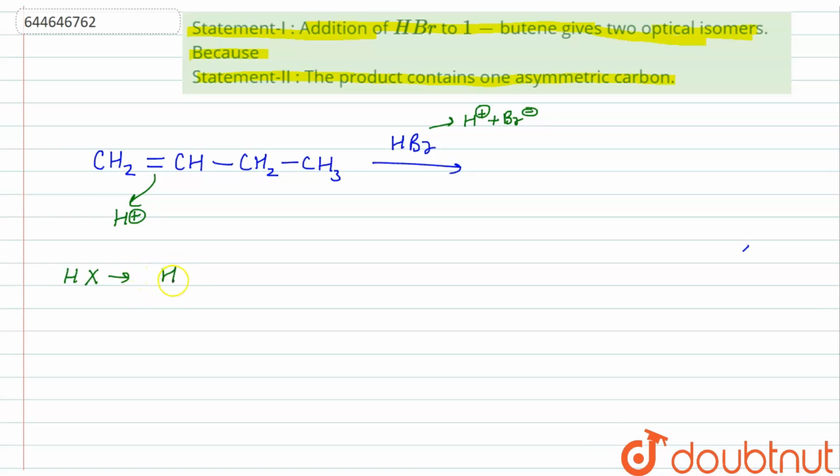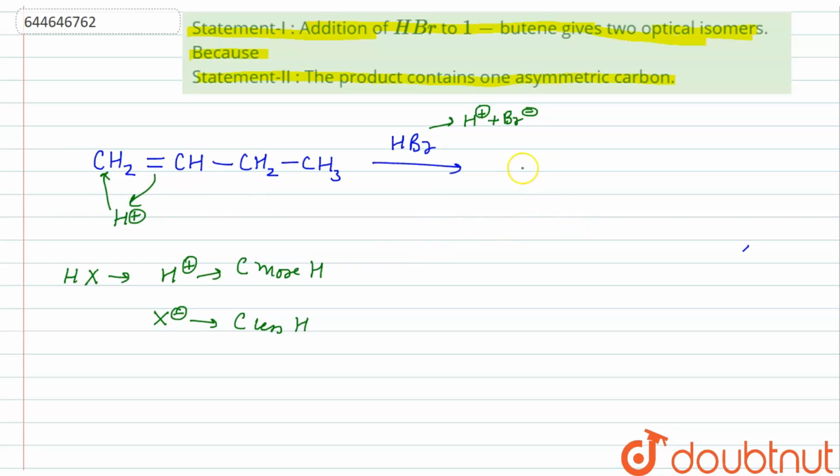So hydrogen will attach to the carbon having more hydrogens, and the halide, that is X negative, will attach to the carbon having fewer hydrogens, or you can say more alkyl substituents, right? So according to Markovnikov's rule, the hydrogen will be attached to this carbon.